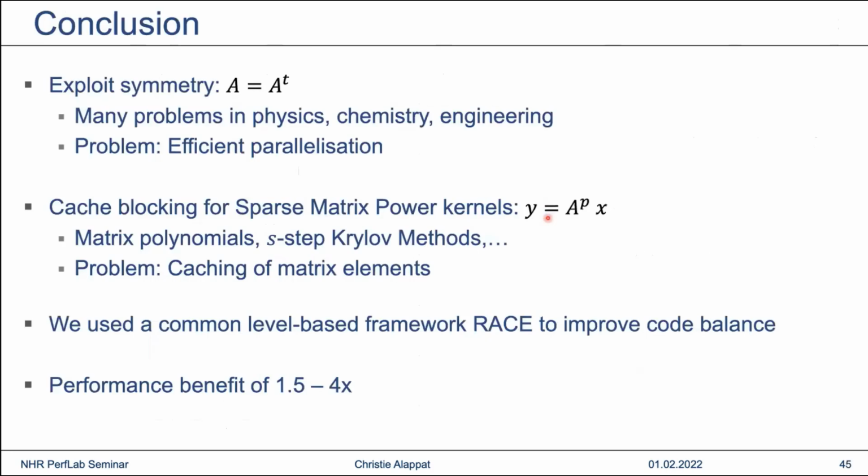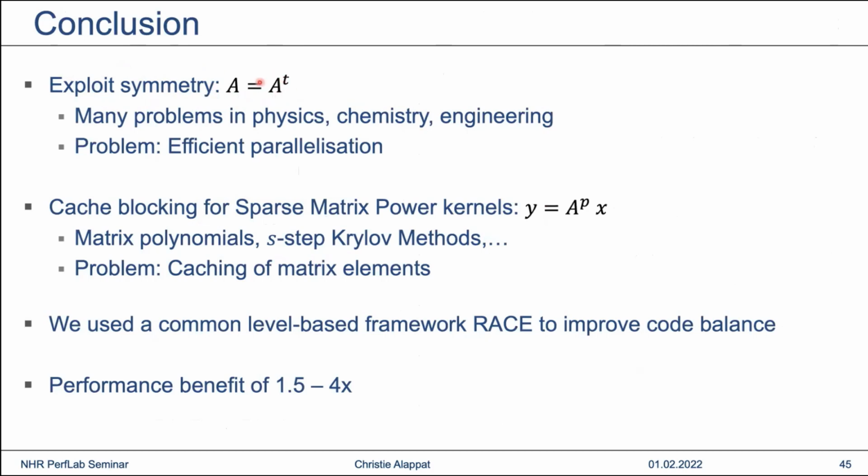So what we have seen today is that for sparse matrix-vector multiplication, the major data traffic contribution comes from the matrix. And we have seen how to reduce this data traffic contribution from the sparse matrix. We used two methods.